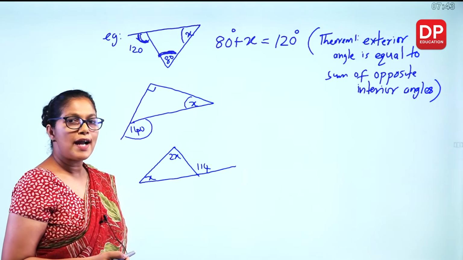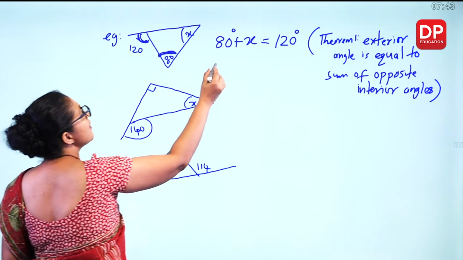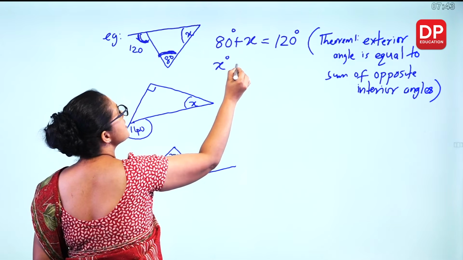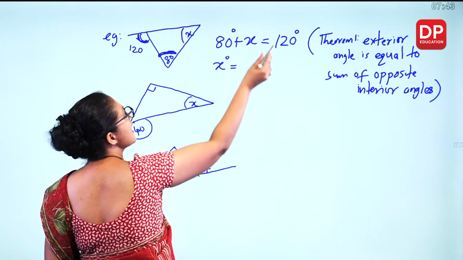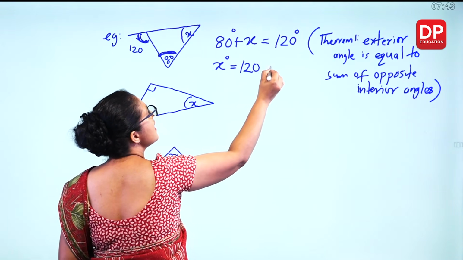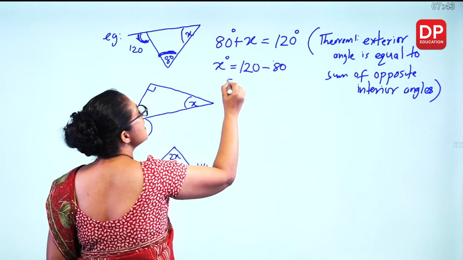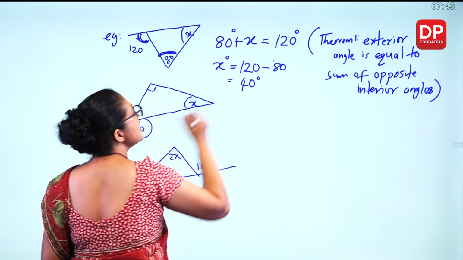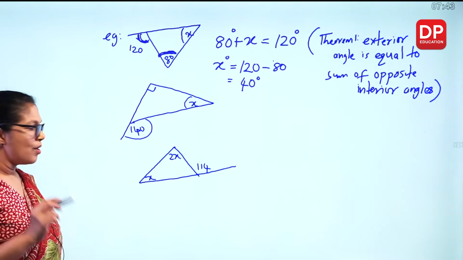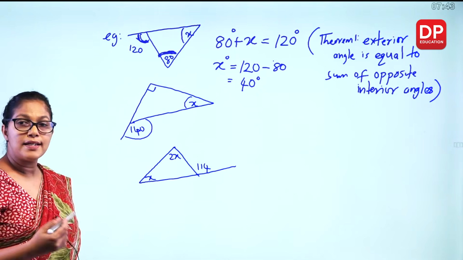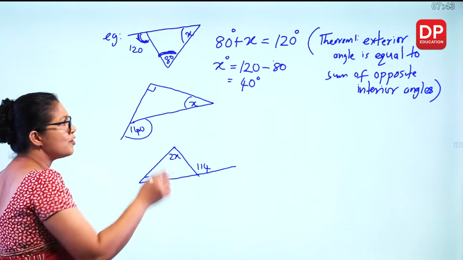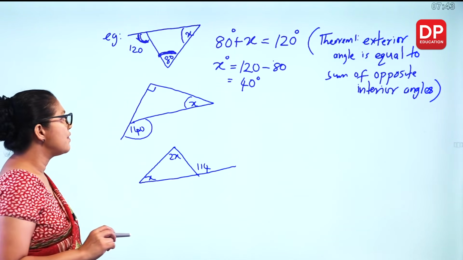So how can we find out the unknown value? We can straight away find out x angle: take 80 to the other side, 120 minus 80, you get 40 degrees. Now you can find out the other unknown values using the same theorem.